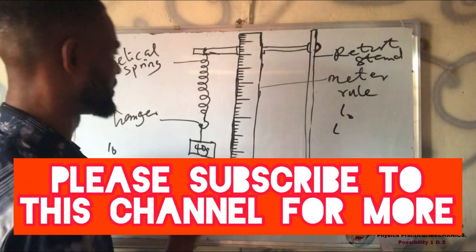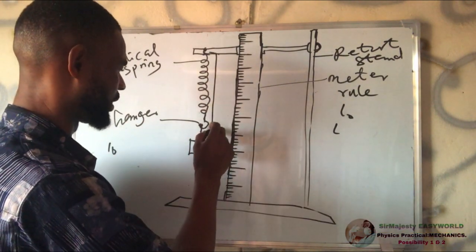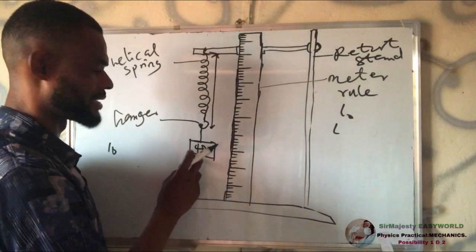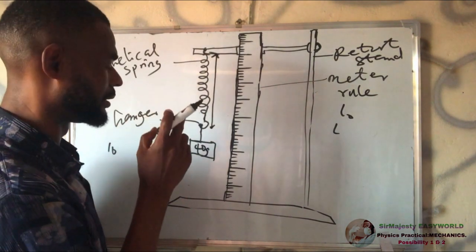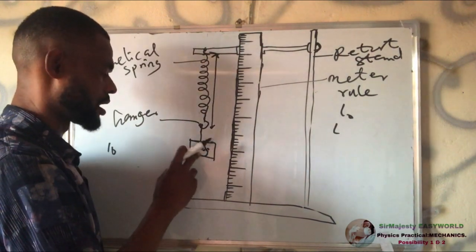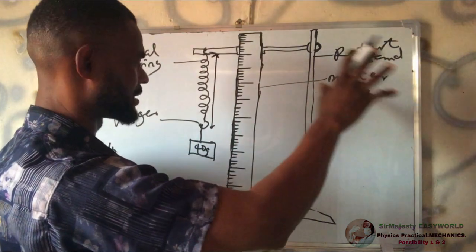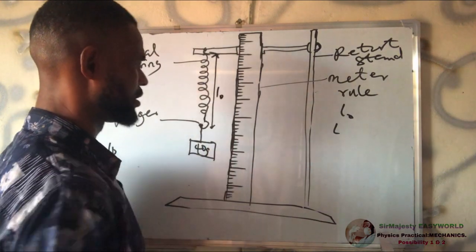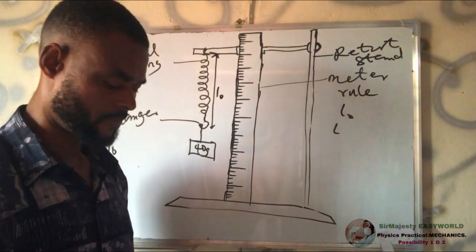Remember that if you measure the length of this spring when there is no mass suspended, it is not going to be the same as the length when the mass is hung on it. Apart from the mass being there, the length is referred to as L0. Then read and record this one with the mass M.